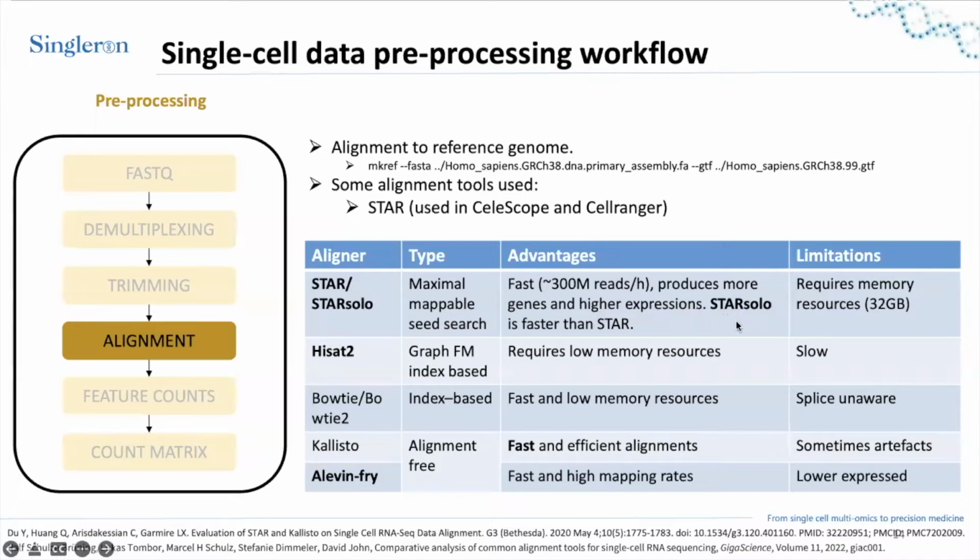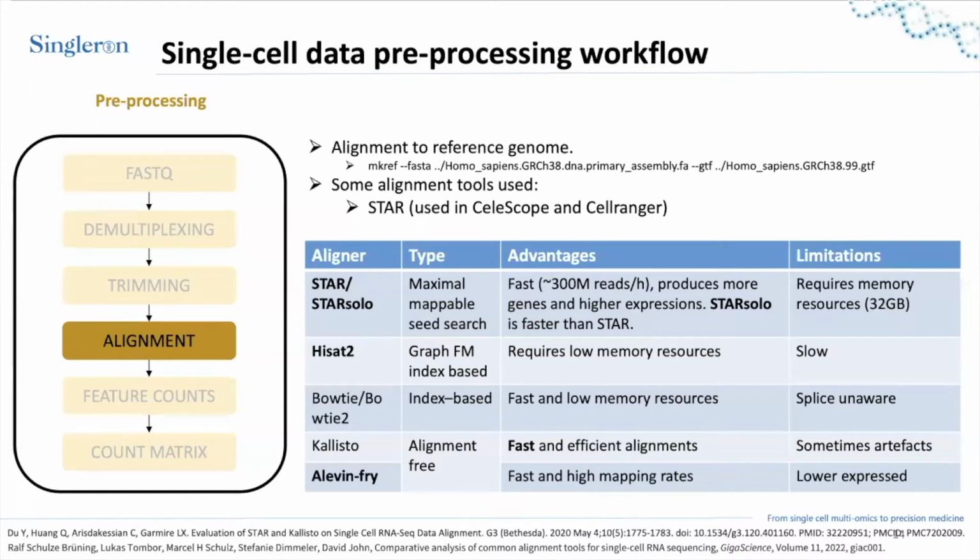For example, it can identify splicing junctions very well. One of the limitations of STAR is that it requires relatively high memory resources. It will require 32 GB of RAM to process in a relatively good time frame.